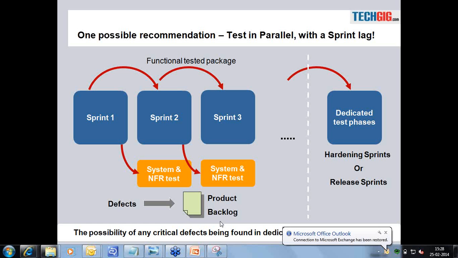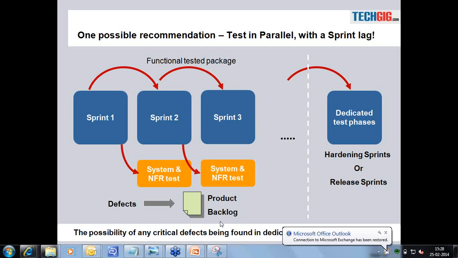Now, in the parallel test shown in the orange, for the entire sprint duration, be it 2 weeks, 3 weeks, or 4 weeks, the specialized testers really do the upfront exploratory and non-functional requirement tests for that duration. And then they post the defects, which go into the product backlog.